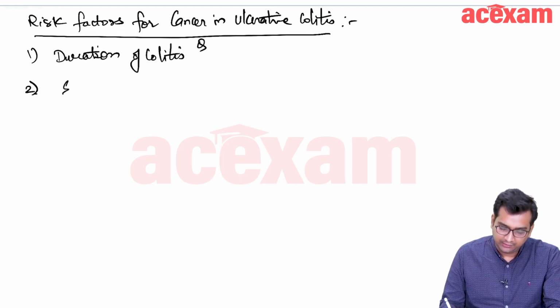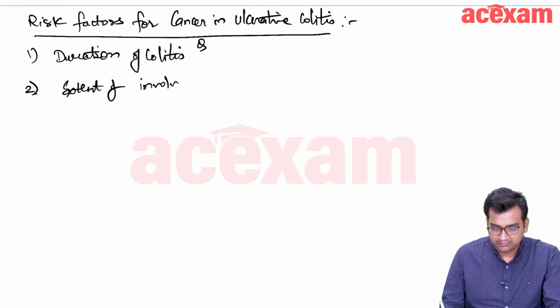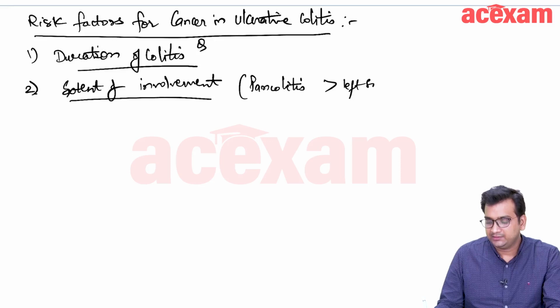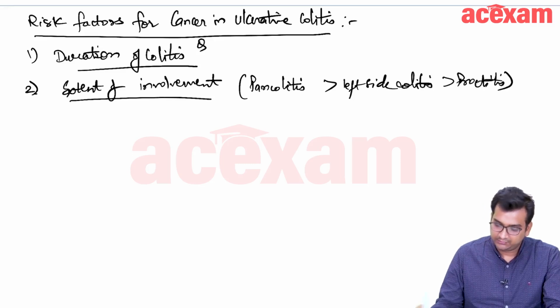Second thing is extent of involvement. So for example, pan colitis is more risky than left-sided colitis, which is more risky than a proctitis. These two are the most important risk factors.